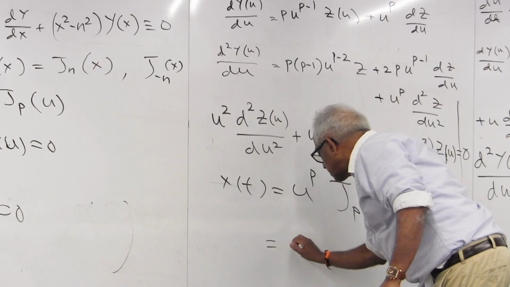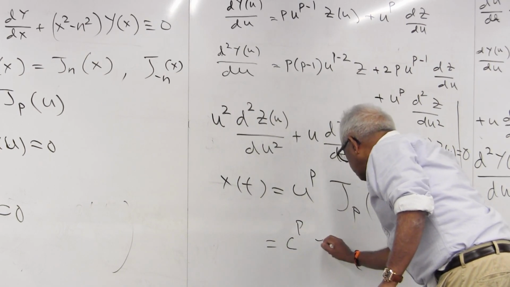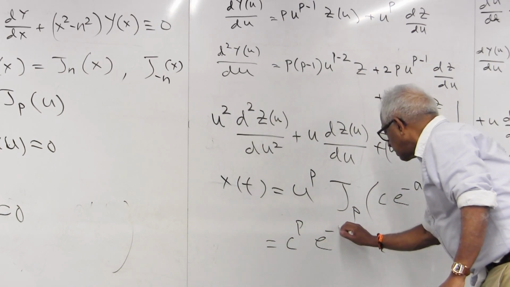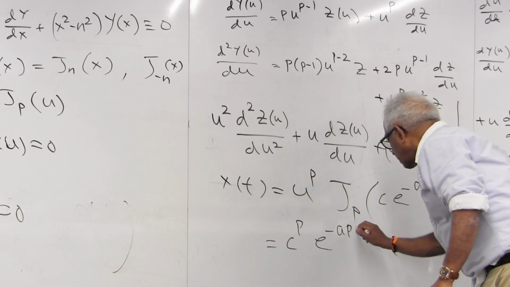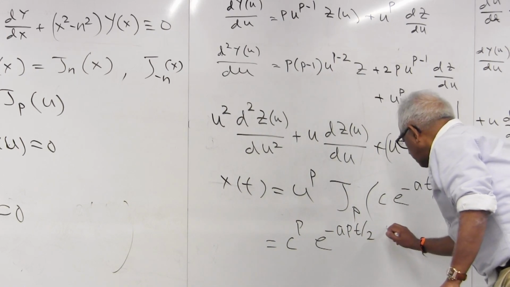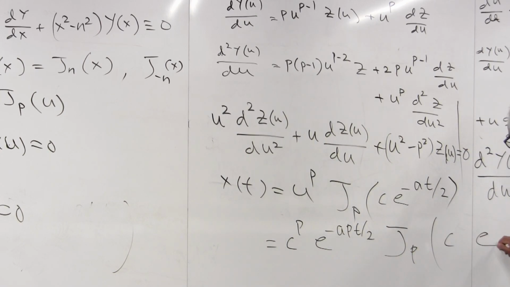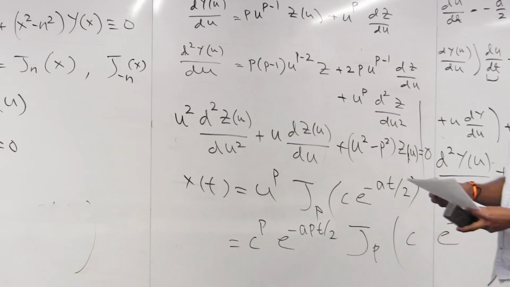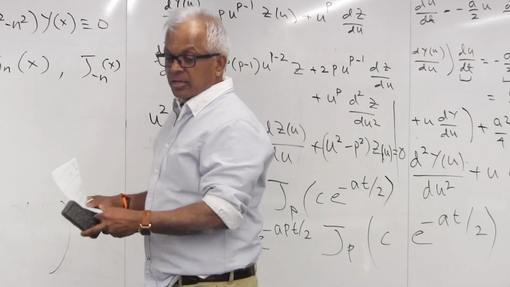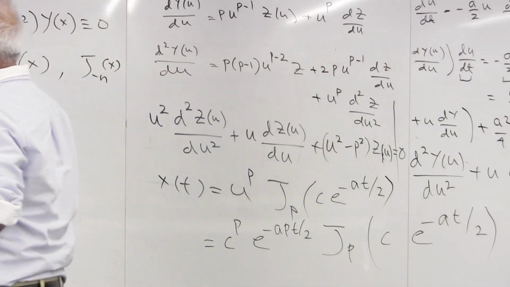So u is some constant to the power p, e raised to minus a p t by 2, then J p of constant times e raised to minus at by 2. So it's doubly exponential. This is decaying by its own terms. So it's a complicated problem. A spring is not only damped, it's also aging with respect to time.